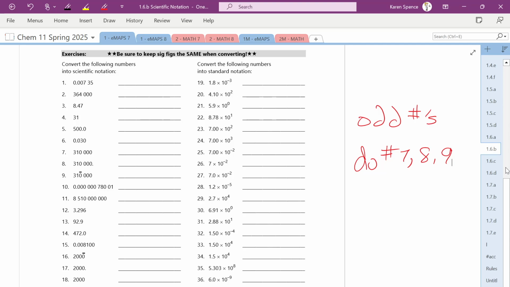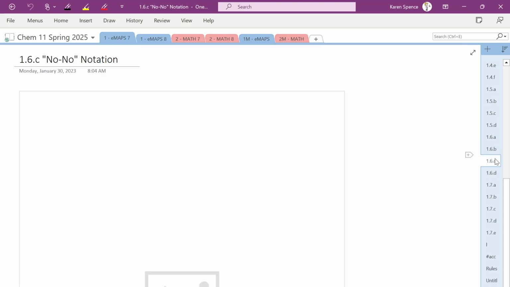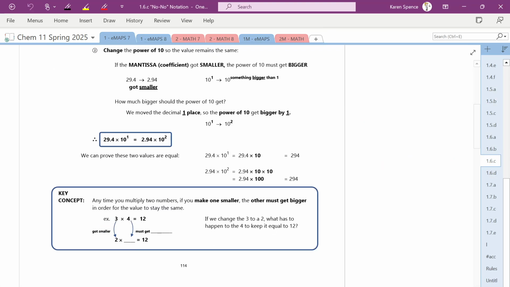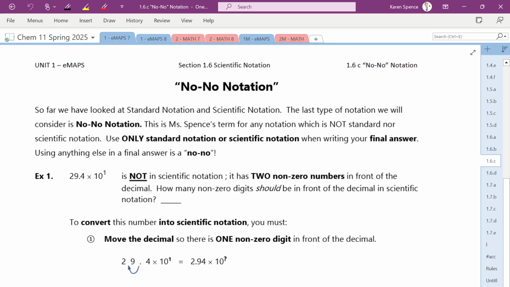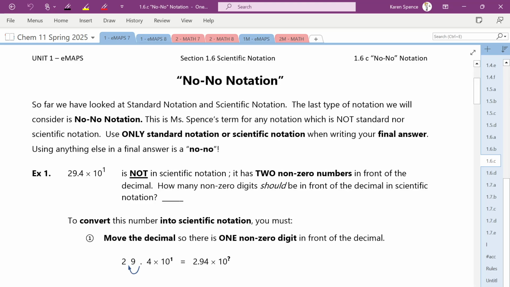All right, we're going to make sure that we have dealt with this. On page 114, we're going to deal with scientific notation. In other words, this is a no, don't do it.